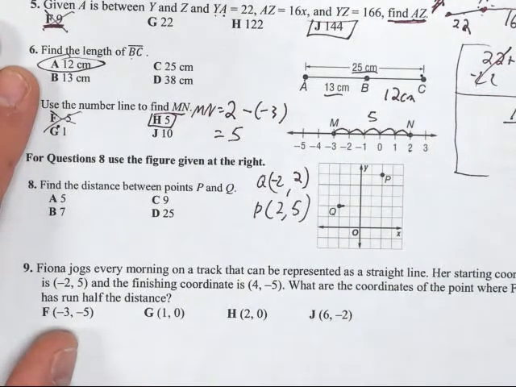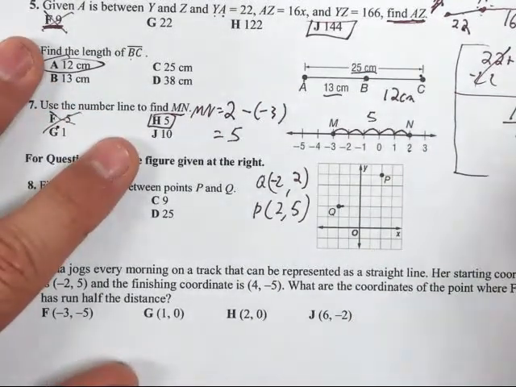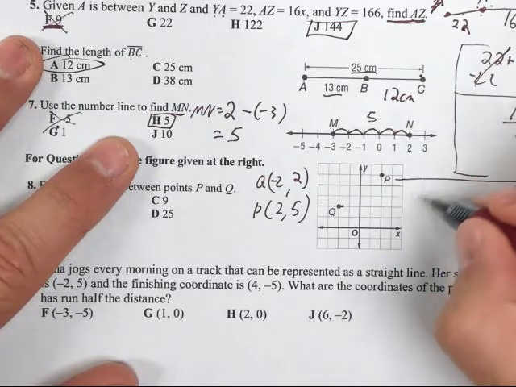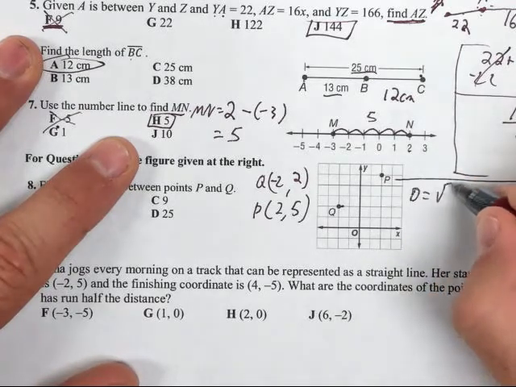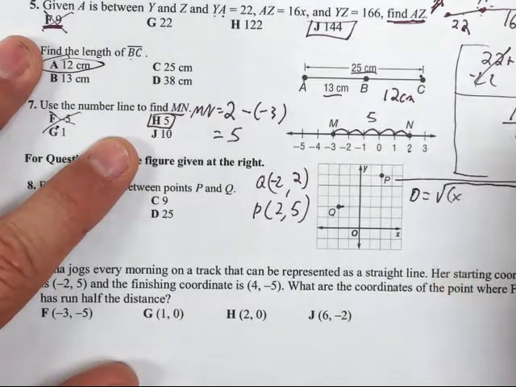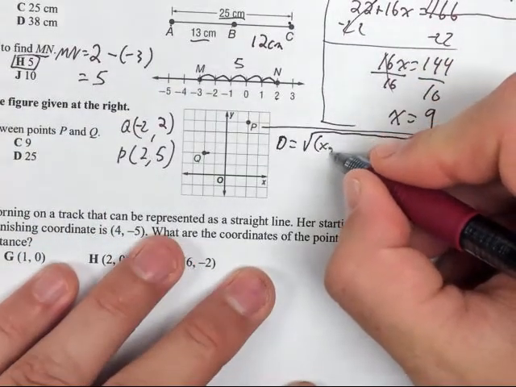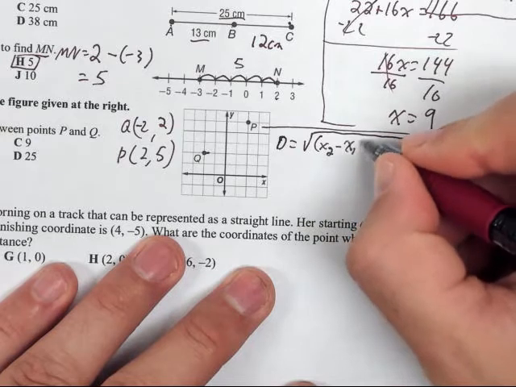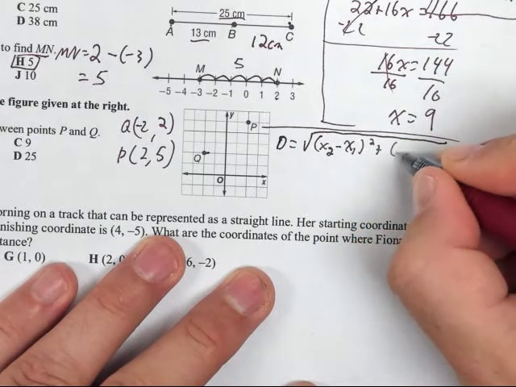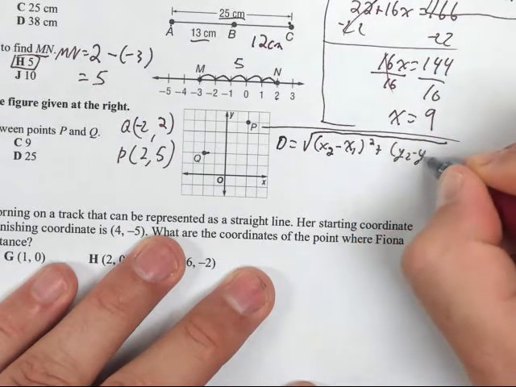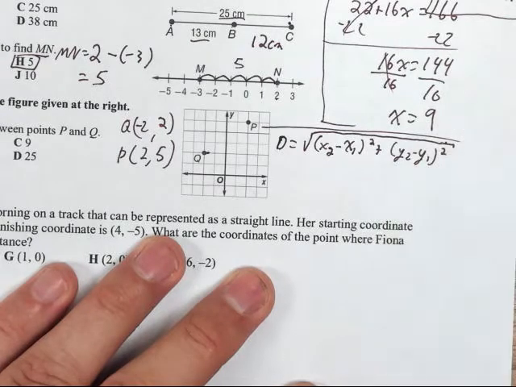And to find the distance between those 2 points, well, I'm going to use my distance formula. D equals the square root of x2 minus x1 squared plus y2 minus y1 squared.